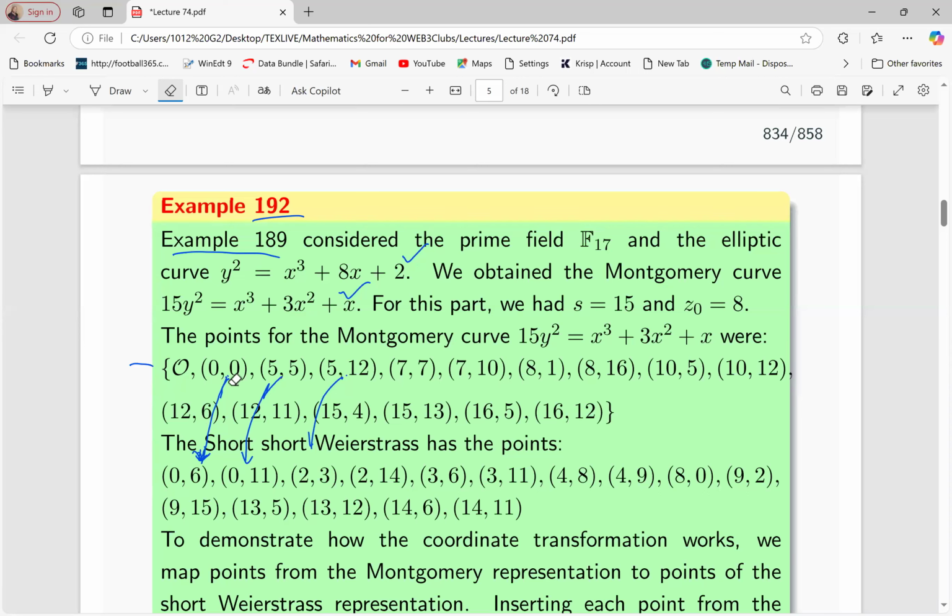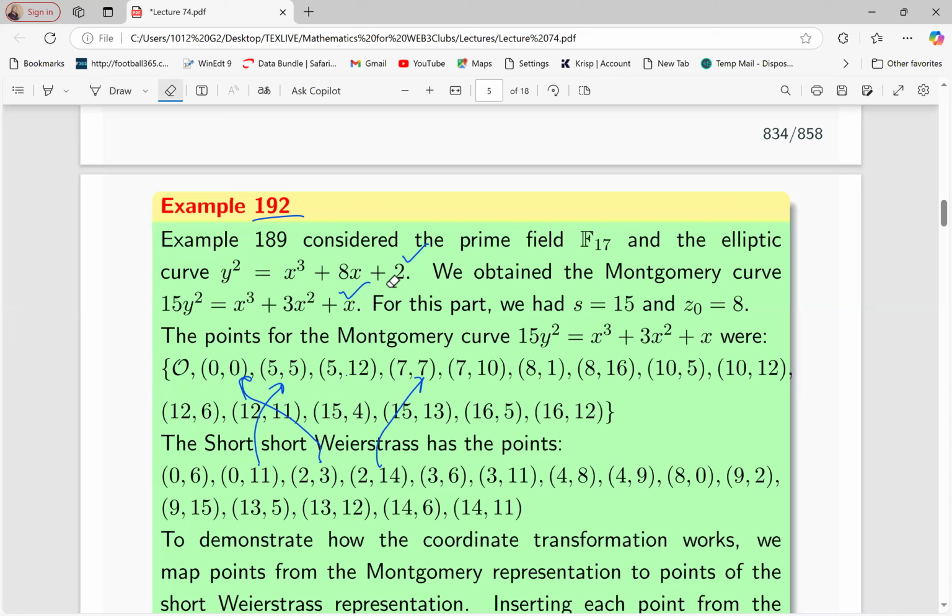What about the points on Montgomery? Where will this point be mapped to? We want to see whether this one will be mapped here, whether this one will be mapped there, and so on. That is what we want to find out.